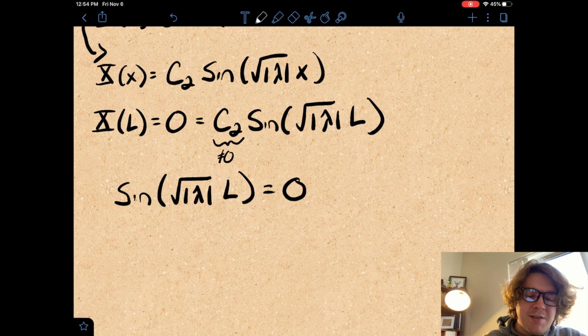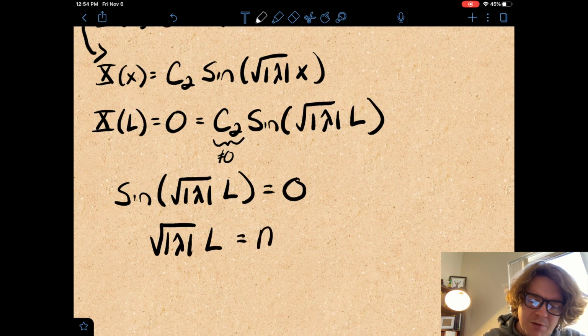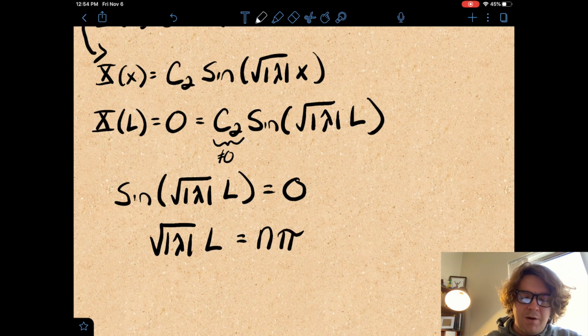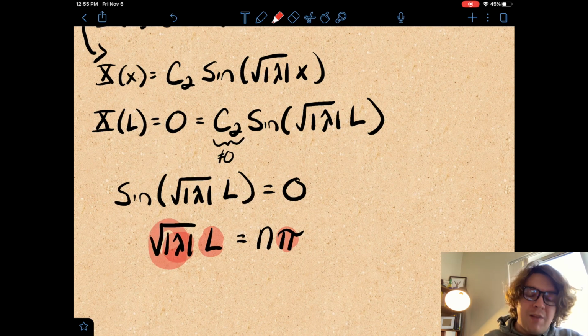But we know that sine is equal to 0 whenever its angle is a multiple of pi. So sine is equal to 0 when you plug in 0, 1 pi, 2 pi, 3 pi, 4 pi, and negative 1 pi, negative 2 pi, negative 3 pi, negative 4 pi, and so forth. But just something to keep track of here: pi is always a positive quantity, L is the length of the rod and is always positive, and the absolute value of lambda is always positive.